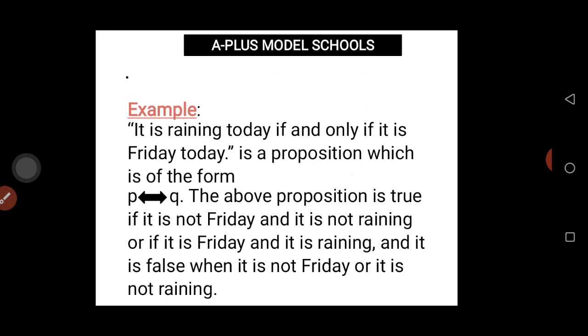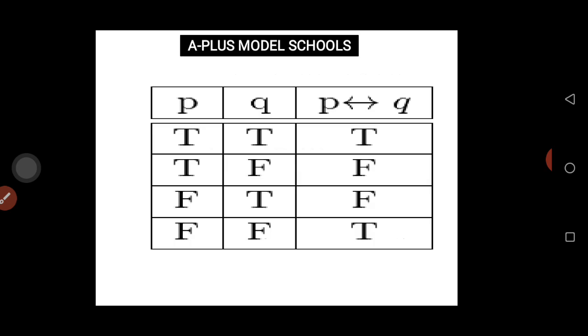For example, it is raining today if and only if it is Friday today, or it is raining today if and only if today is Friday. You can see when both are true, or when both have the same value, it is true. So you can see the table.